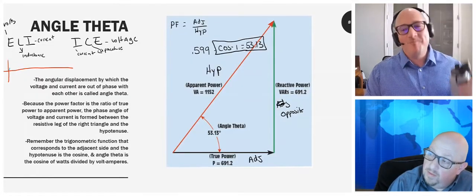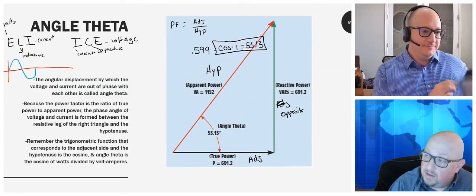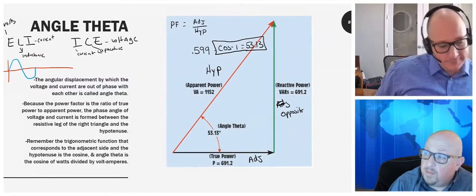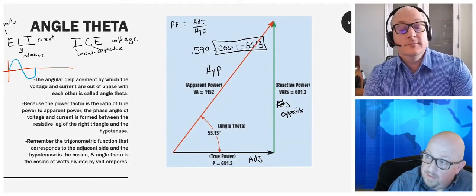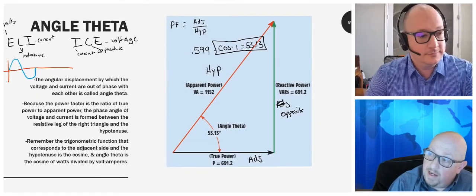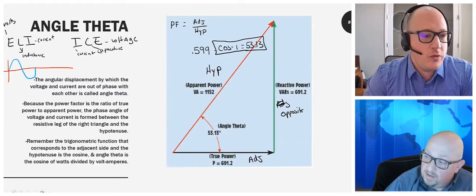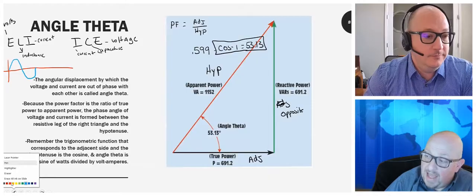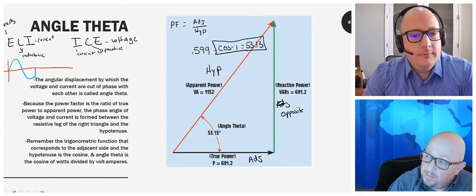But if I was to draw this, what you're saying is if I had voltage in a purely inductive circuit, and the blue line is my voltage, then my current would actually be lagging by 90 degrees, up to 90 degrees maximum.